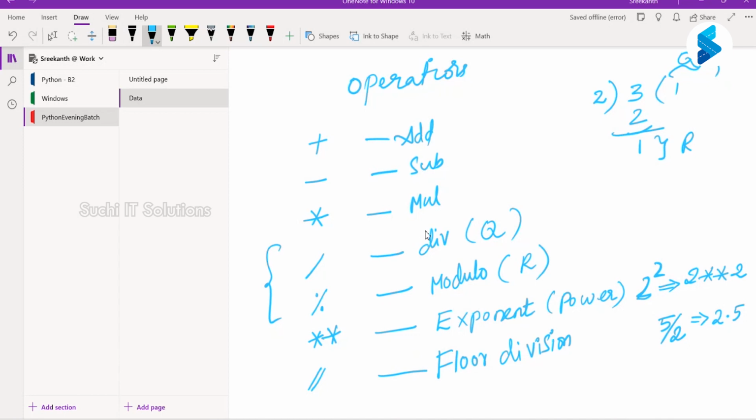If I use 5 double slash 2, this will result in just 2. Only the floor value, which is going to be 2. That is called floor division.